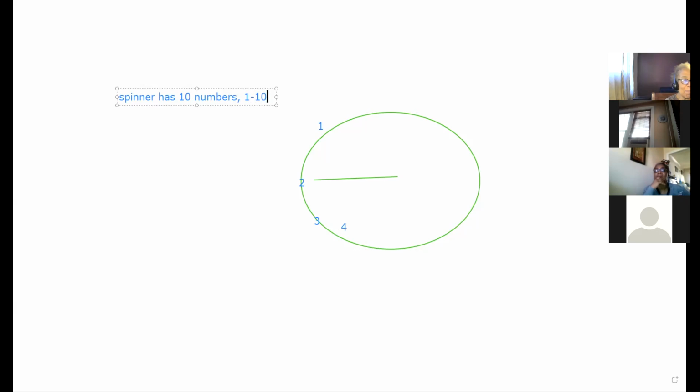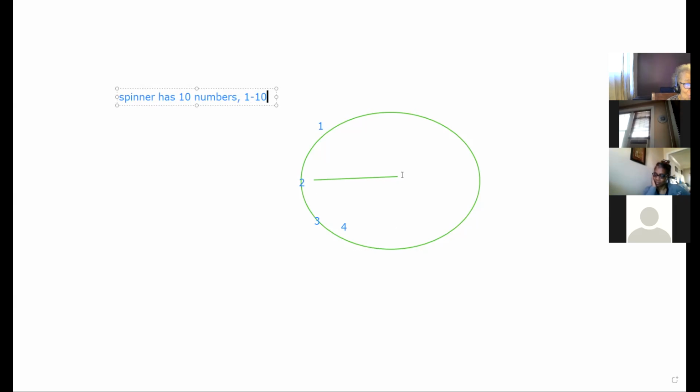And each time I'm spinning, I have a mechanism here in the middle, and I'm spinning at the same speed. My question was, if I land here on the 2, if I spin the second time, can I get a 2 again? And you said no. Why not? Because there's only 1, 2.